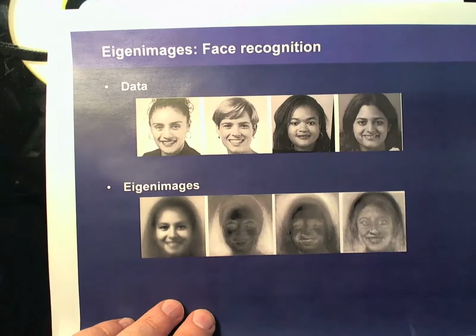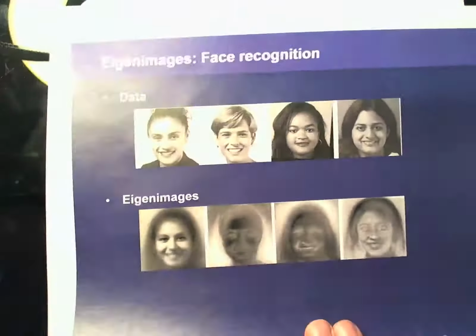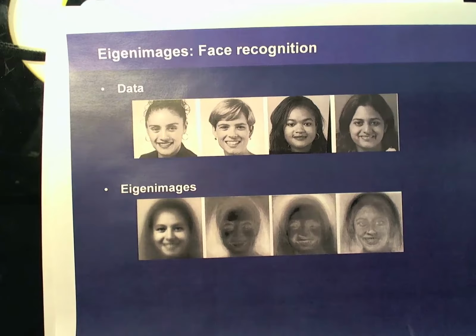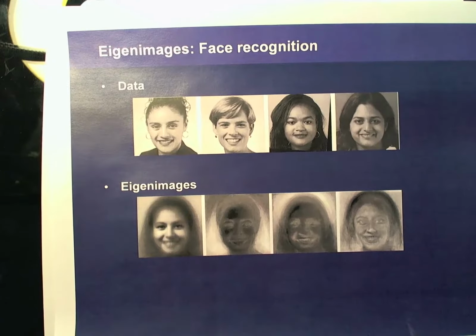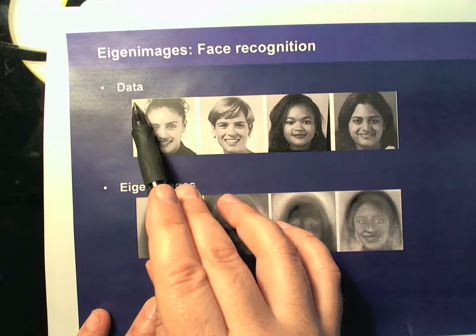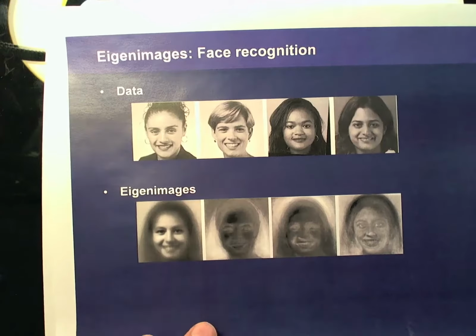Now, let's talk a little bit about an illustration of how this relates to faces and facial recognition. Suppose we wanted to represent images of faces very compactly. And let's say these images have 1,000,000 pixels in them.